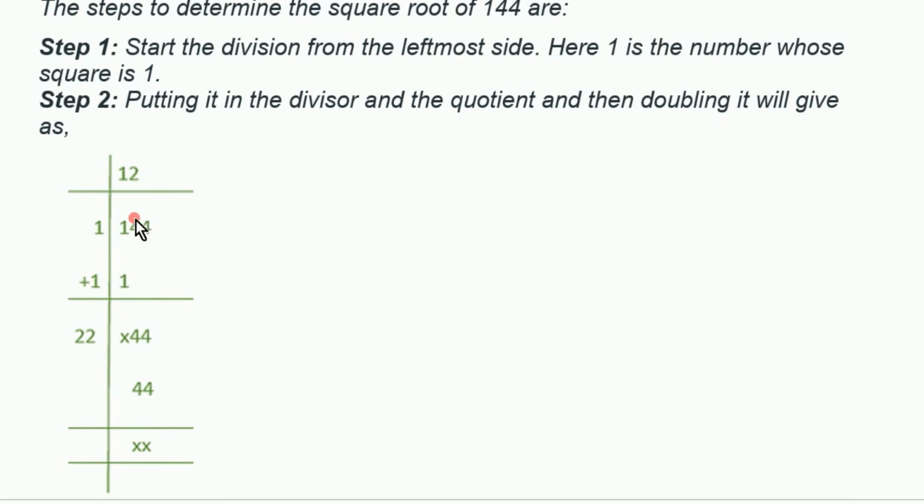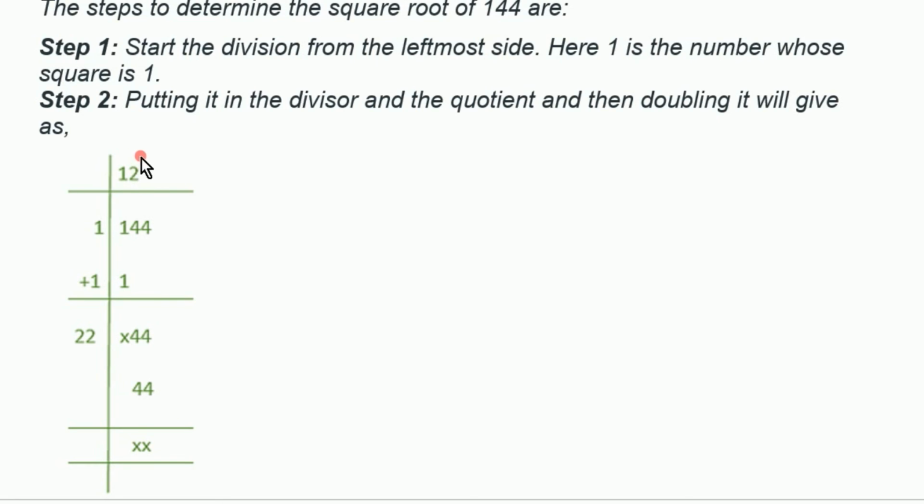First we take the first number. I want to find the square root of 144, so we take this 1 and keep it on this side. We divide by this 1 and keep the same number in the quotient. 1 one is 1, then 1 minus 1 is 0, and the remaining number is 44.